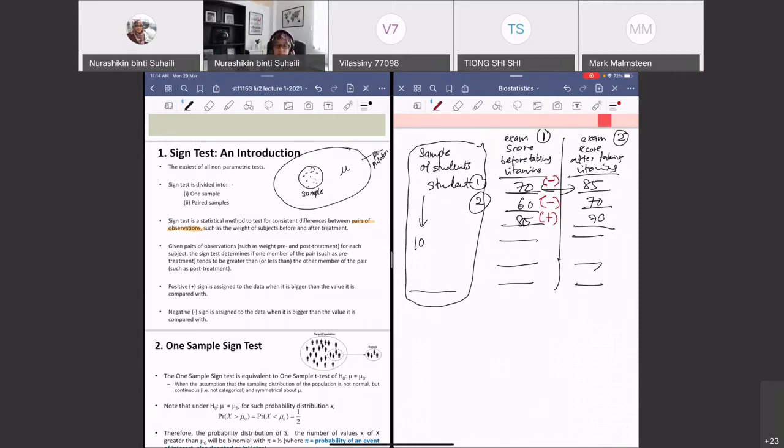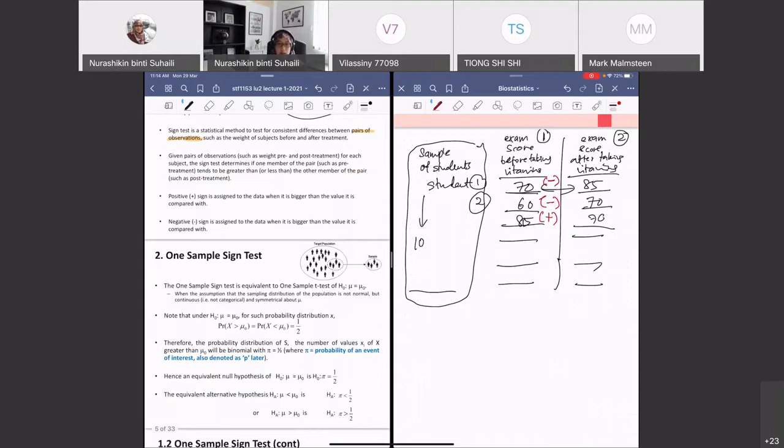But what we have to do next is, based on the signs, there are a few steps after that, whereby at the end we want to make a conclusion. In this case, I go specific for this example.